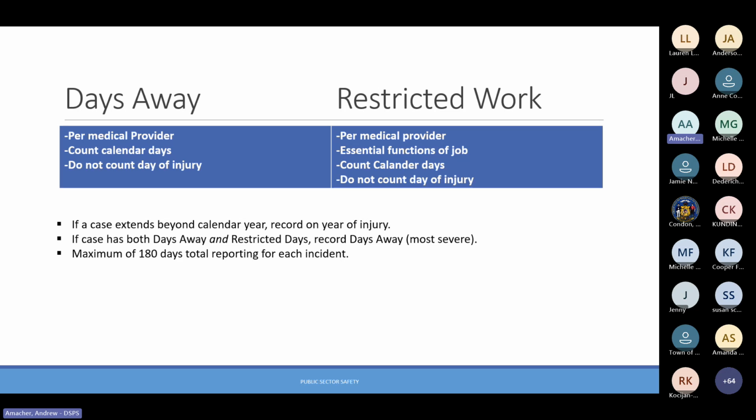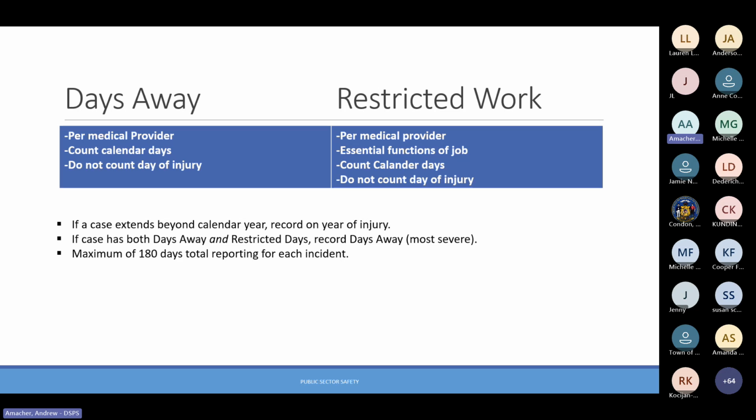So regardless of if the employee works 2 days a week or 4 days a week, we count calendar days from the injury until they return. We do not count the day of injury itself. So the counting for days away starts on the day after the injury. And that would be regardless of when the injury takes place.